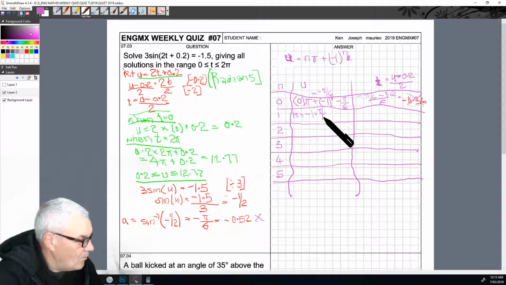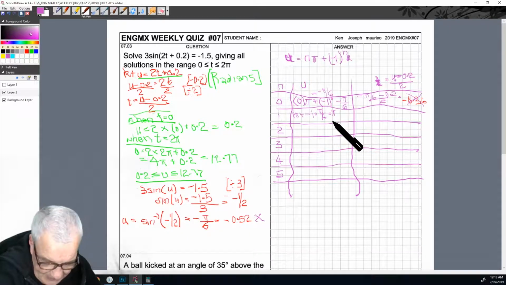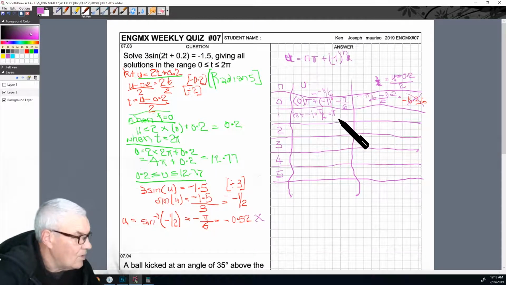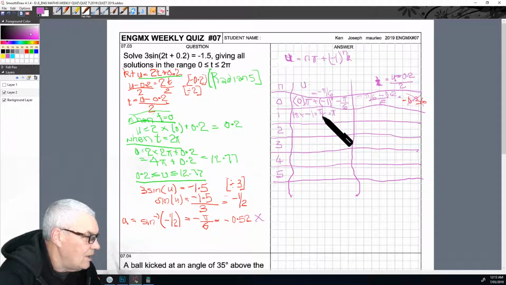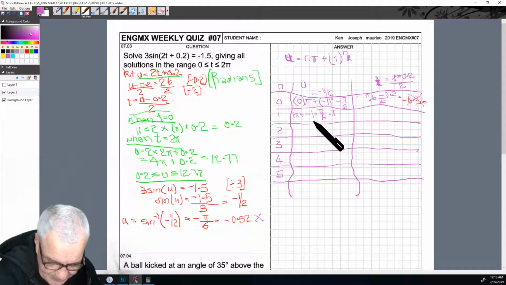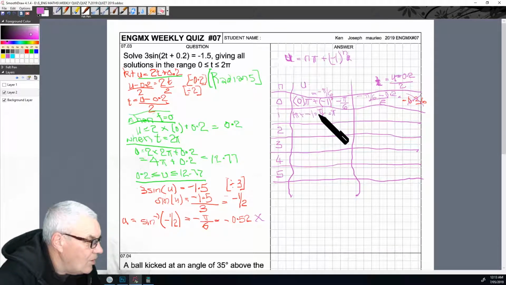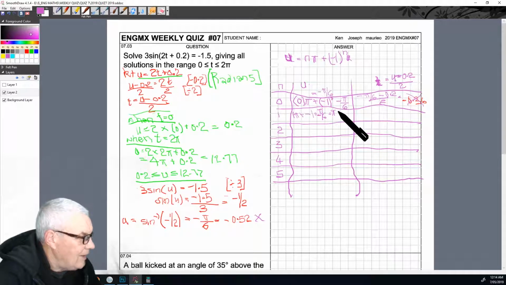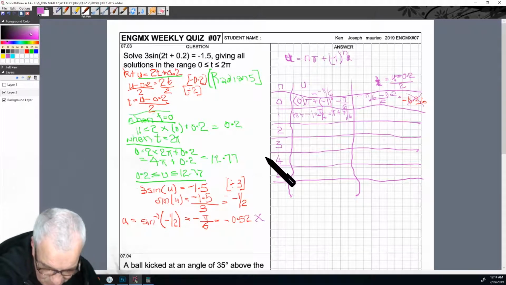So that's negative 1 times negative pi by 6, which equals pi plus pi by 6.